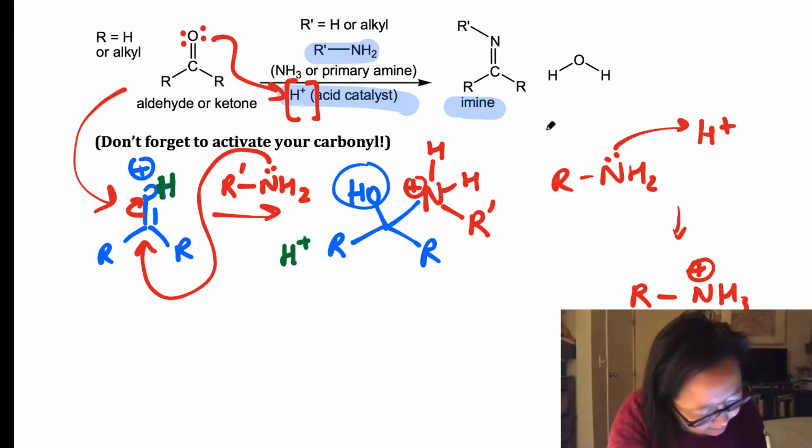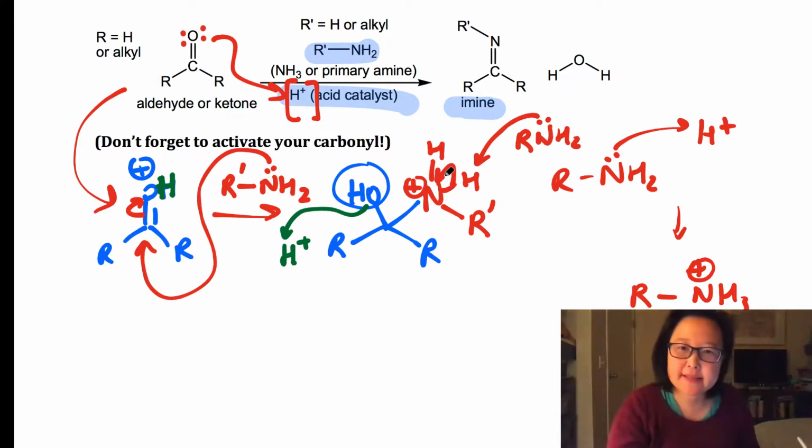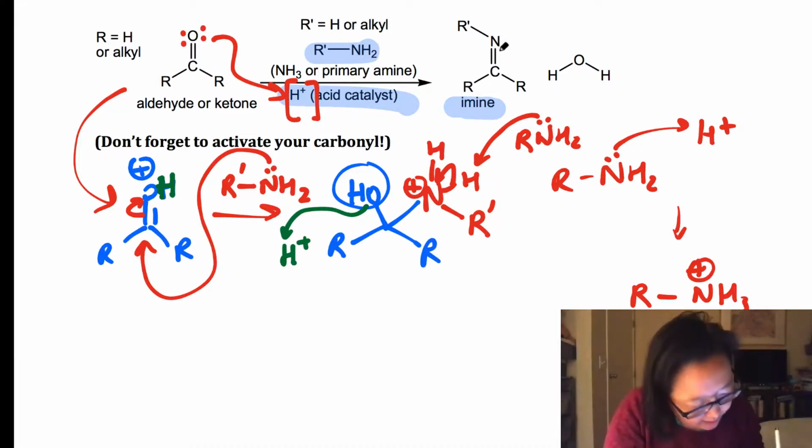So let's say I have another amine group, and it comes in here. I'm doing a protonation here to make this a better leaving group, and I'm making this deprotonation here to go toward my imine, which does not have the extra hydrogens on it.